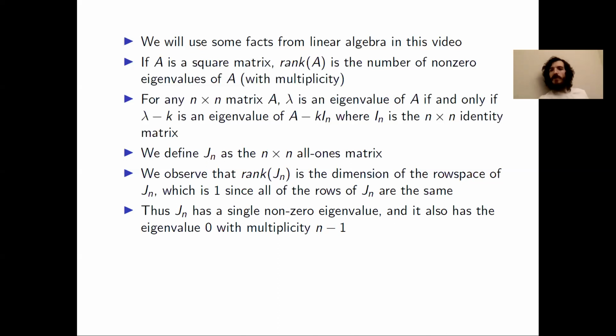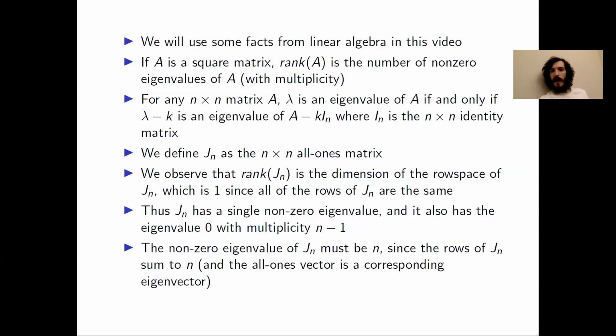As for the non-zero eigenvalue, we see that our matrix J is similar in a way to the adjacency matrix of the complete graph of order n, because the matrix J has the same row sum in every row. That tells us that the all ones vector is an eigenvector of J, and the eigenvalue of the all ones vector for J is going to be n.